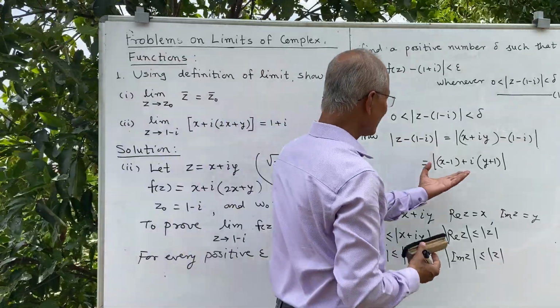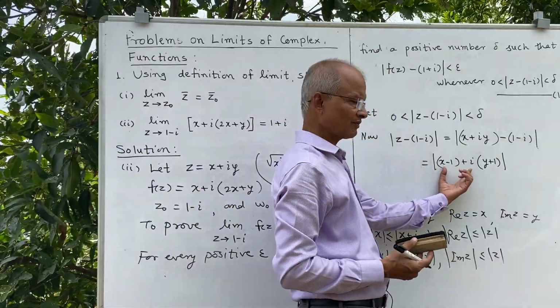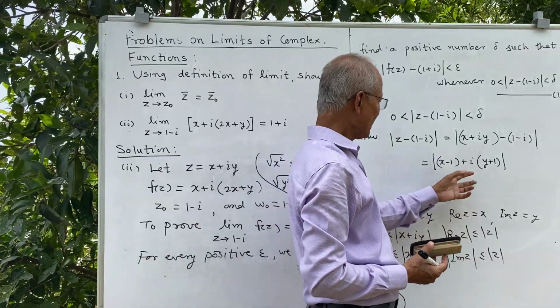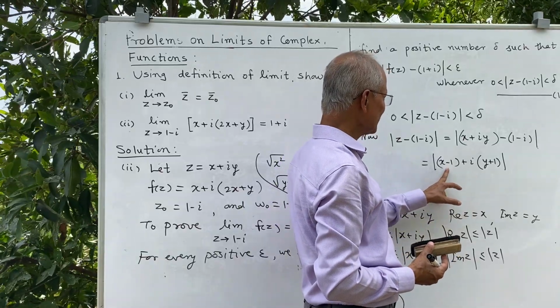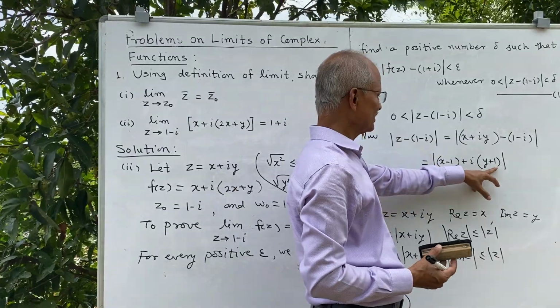And thus, the real part of this complex variable is x minus 1, and the imaginary part of this number is y plus 1.